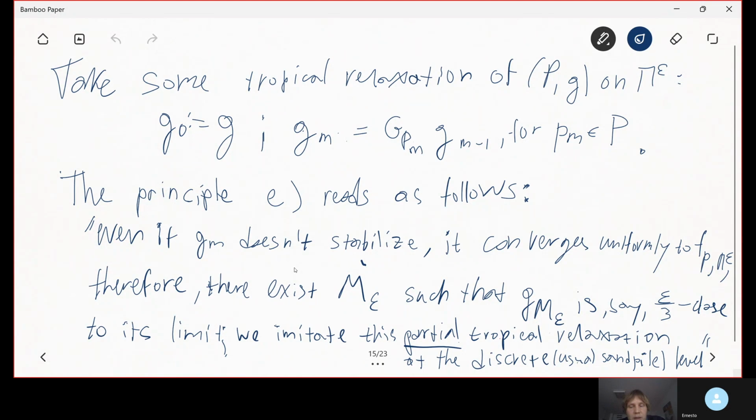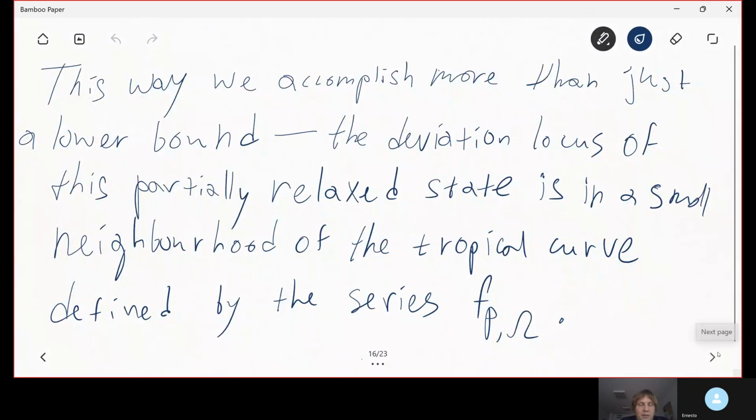When our result is, let's say, epsilon over 3 close to the limit fp omega, then we stop. Okay, so that was the overview of the strategy for the lower bound, and this is what we achieve.